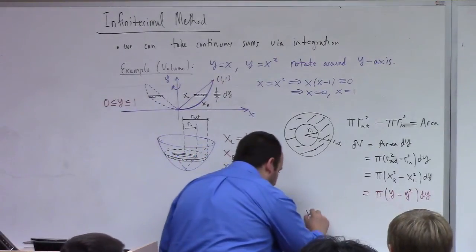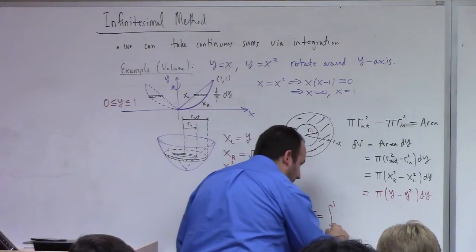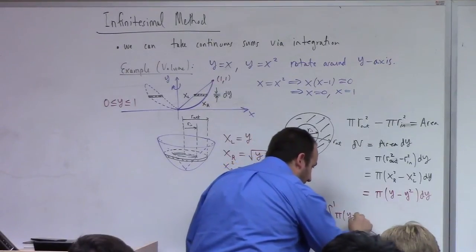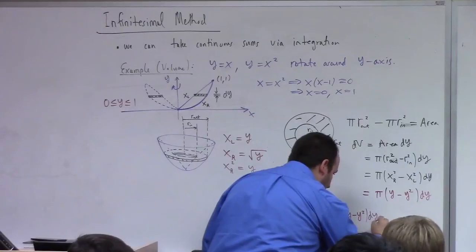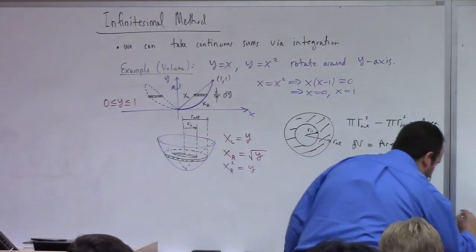So let's see here. Long story short, volume is the integral of dV, in this case, integral from 0 to 1 of pi times y minus y squared dy, also known as pi times 1/2 minus 1/3, aka pi over 6.